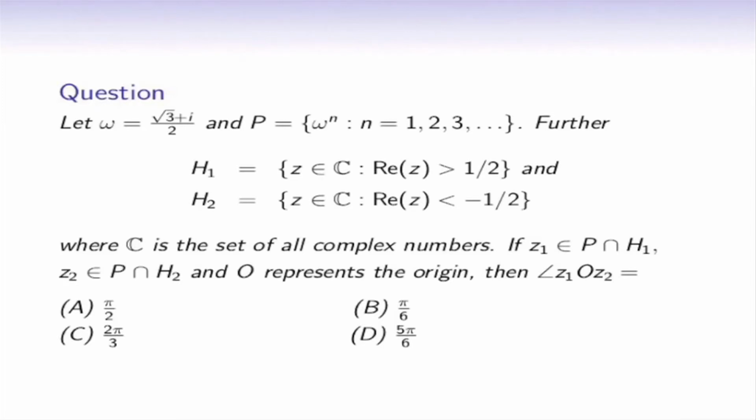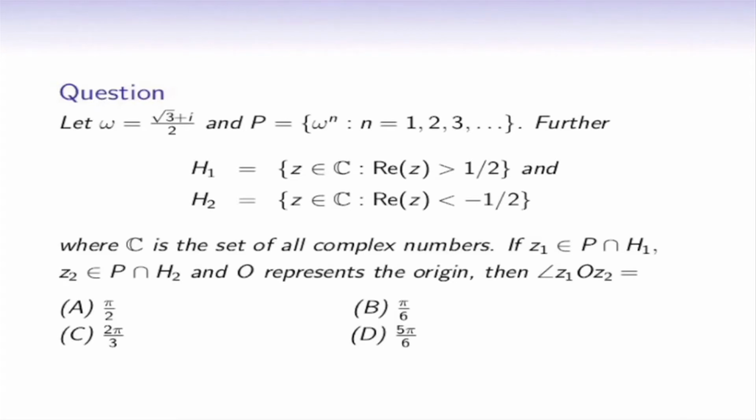So we are asked the following. Suppose I take a point Z1 belonging to the intersection of P and H1 and a point Z2 which lies in the intersection of P and H2. The question asks for the angle Z1 O Z2 where O is the origin.